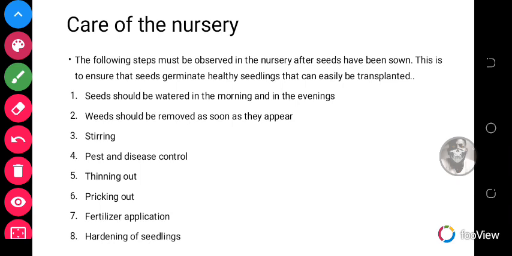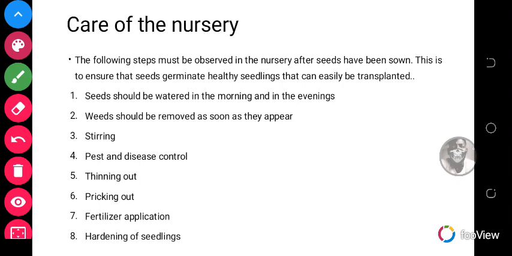So let's look at care of the nursery. When you plant seeds in the nursery, there are certain things you need to look out for to ensure that the seeds grow well to their maximum potential. First, seeds should be watered in the morning and in the evening.